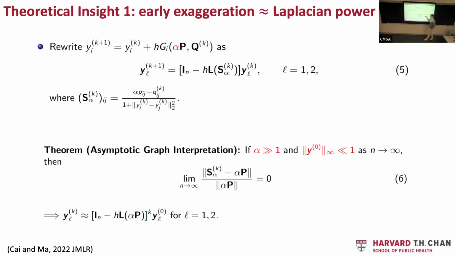And when you start from very small values, the first steps of the embedding are very small, so the denominator effectively becomes 1. So in that case, if you have early exaggeration plus local initialization, it effectively reduces this S matrix into this Cij times alpha alone. That gives you this approximation form.